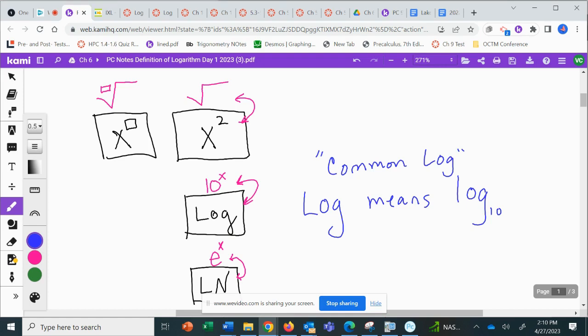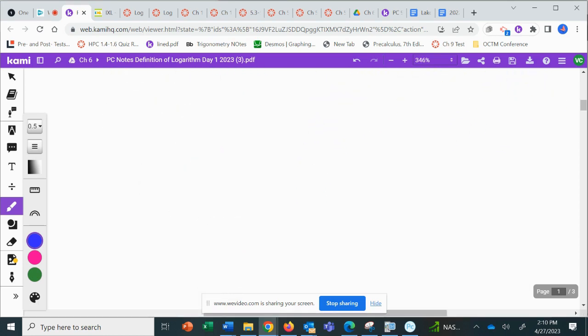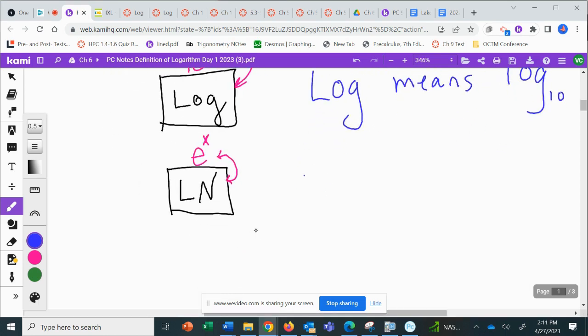When you see log, because you will see log by itself in the assignment, that means log base 10. The other button, the LN, stands for the natural log.